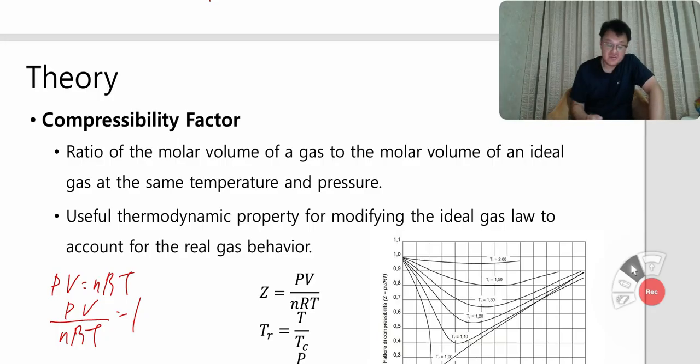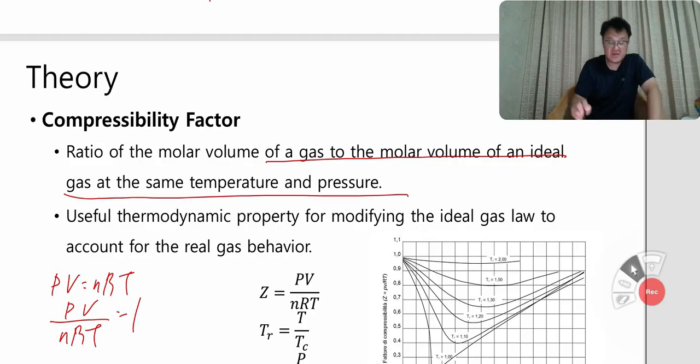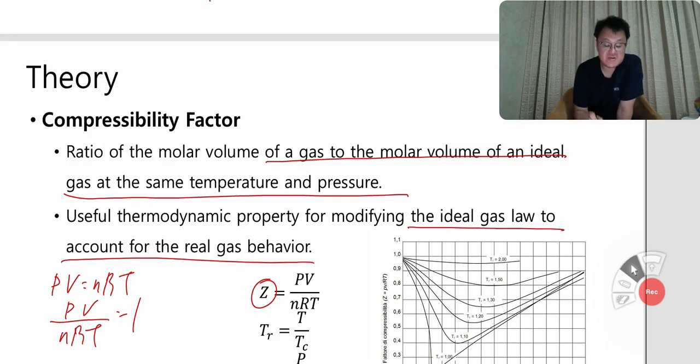So the ratio of the molar volume of a gas to the molar volume of an ideal gas at the same temperature and pressure, that is called the compressibility factor, which is given as Z, okay?